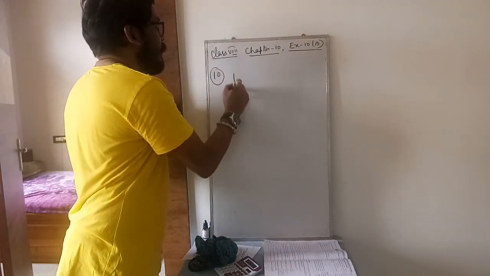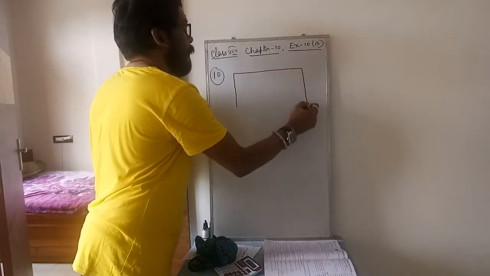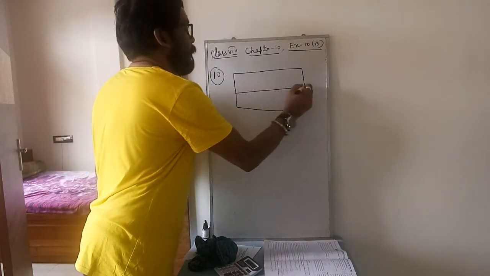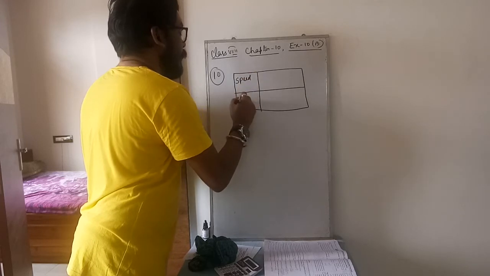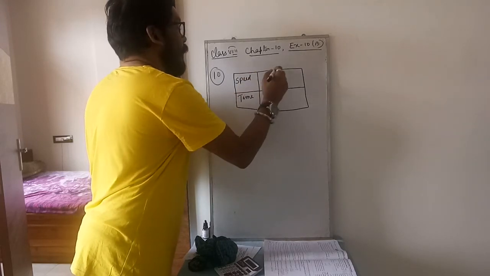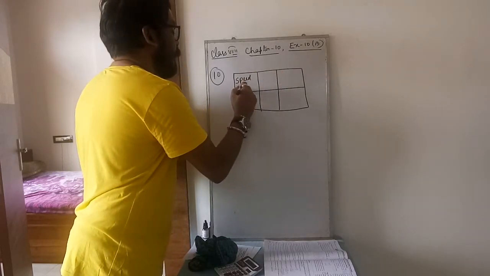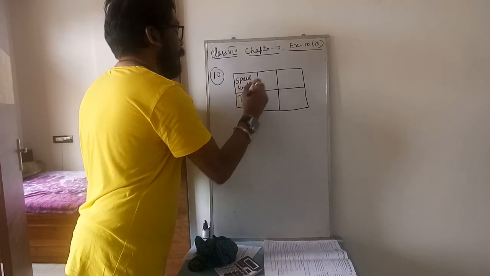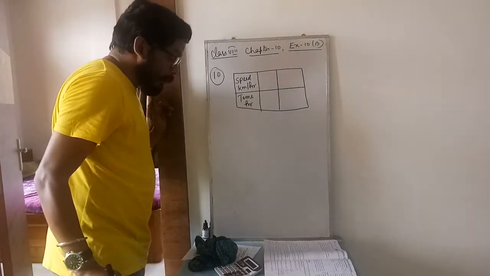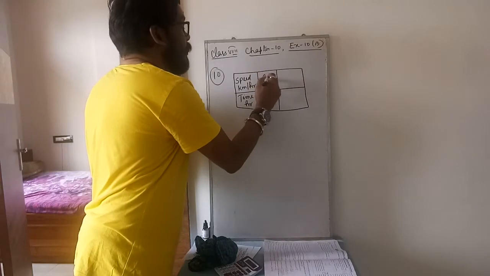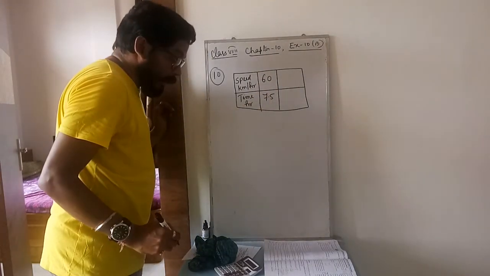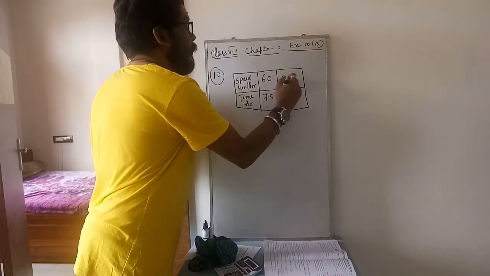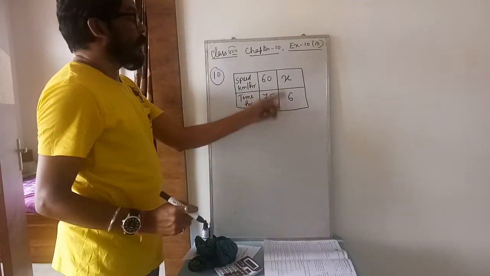So here the quantities are speed and time. Speed is given in kilometers per hour and time in hours. In the first case speed was 60, time was 7.5. Now to find the speed, time is 6. Less time, more speed.